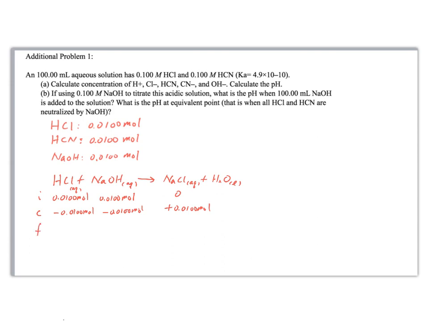In the final reaction, that means we added 100 milliliter of strong base into this solution, and the strong base and strong acid will react completely. And we know that sodium chloride will not impact the pH of the solution at all.